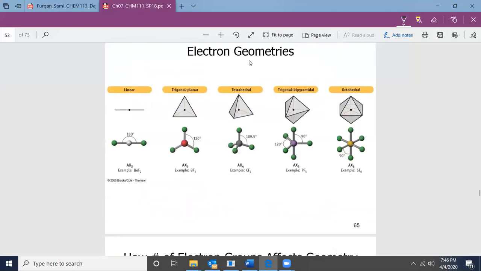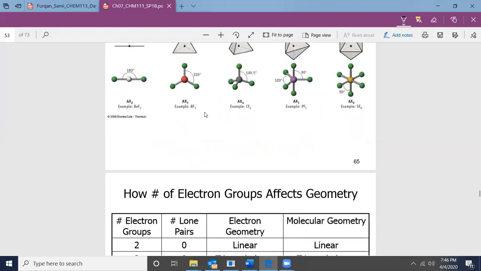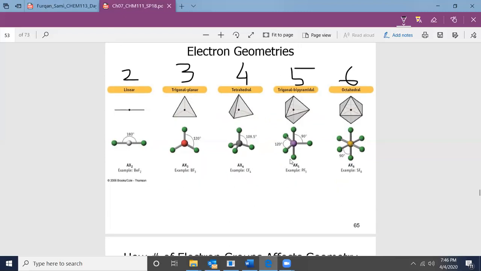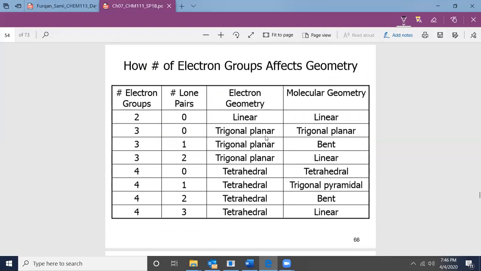So these are the possible electron geometries with 2, 3, 4, 5, 6 electron groups on the central atom: linear, trigonal planar, tetrahedral, trigonal bipyramidal, and octahedral. And these are the representative shapes of the electron cloud. So from here, we have to move on to the molecular geometry.